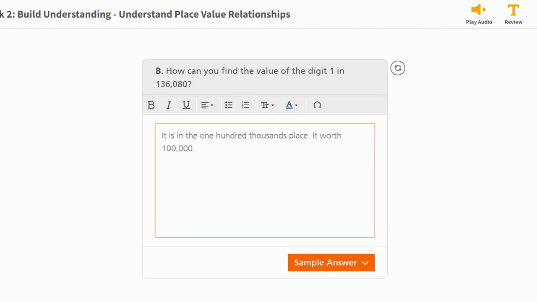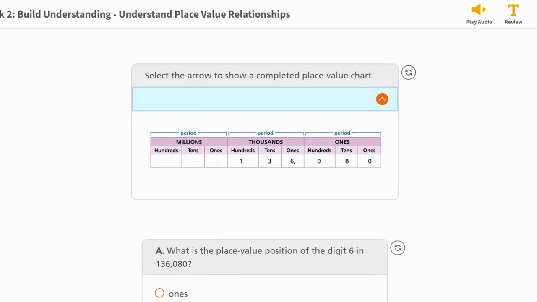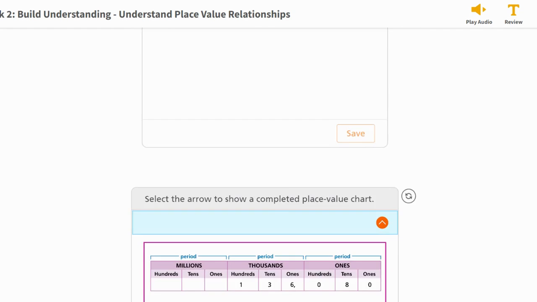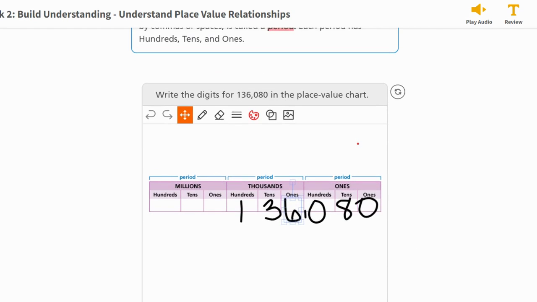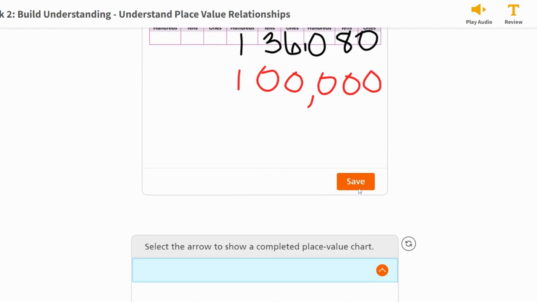I'll show you how I know that. Because this 1 is here in the 100,000s place, if you're ever asked to show how you know, I put the 1 and everything after would stay a 0, just to show it's in the 100,000s place.